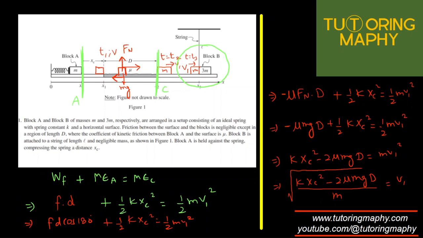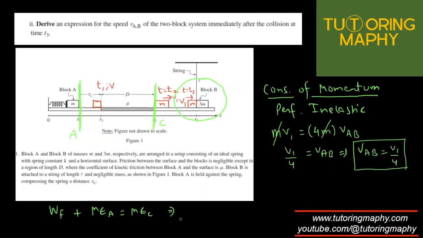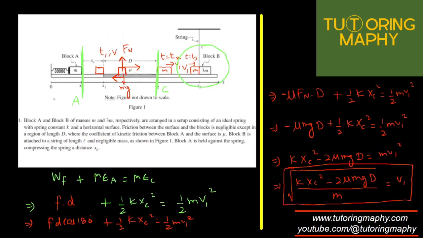So this is going to be the gross expression for v1, and mind it, this is not our answer because, like I said earlier, we need to find a quarter of this, right? We were interested in the velocity V_AB of the two block system. So all you need to do is take that gross number and divide by 2.